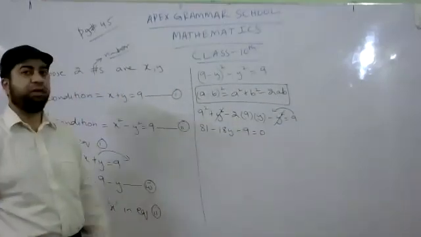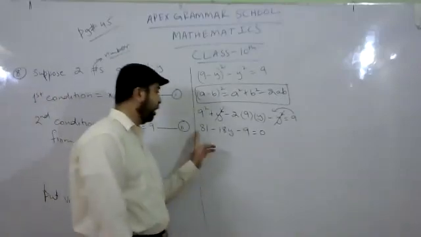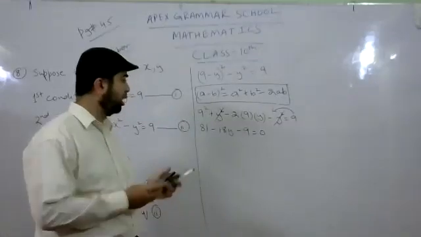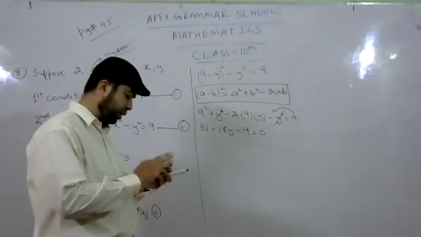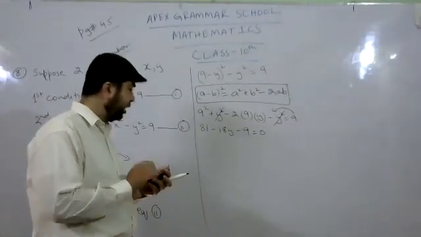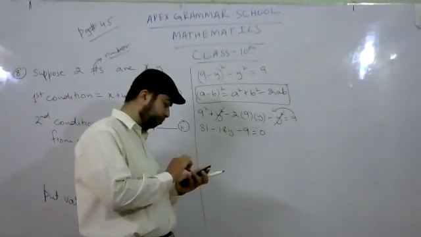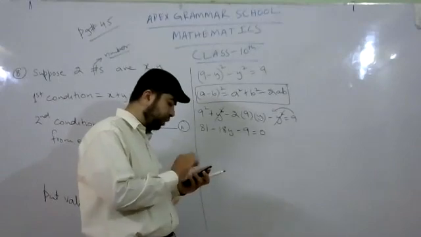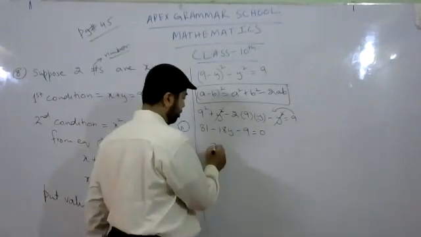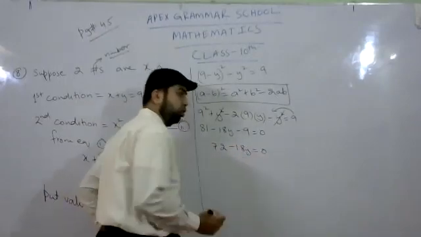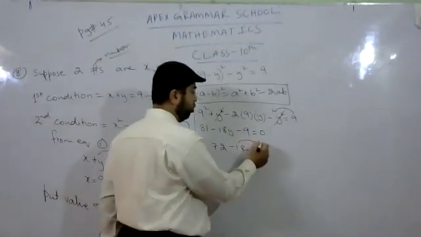So we can easily find the value of y. 81 minus 9, we can calculate the answer. 81 minus 9 is 72, minus 18y is equal to 0. So find out the value of y.